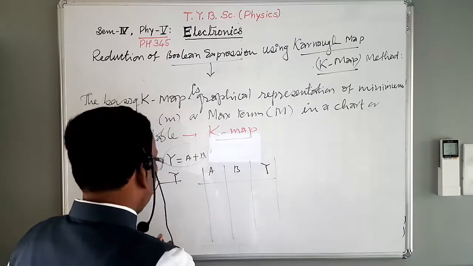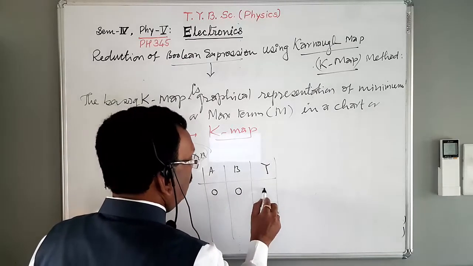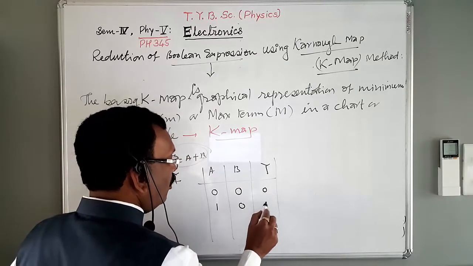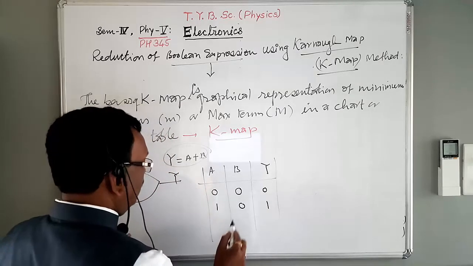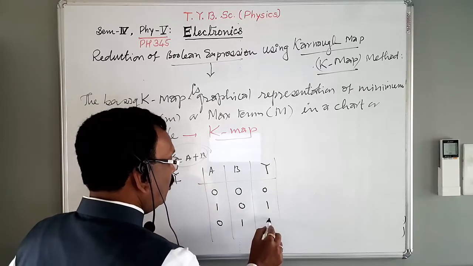When A is logically low and B is logically low, output is low. When A is high and B is low, output is high, because A plus B. When A is low and B is high, output is high.